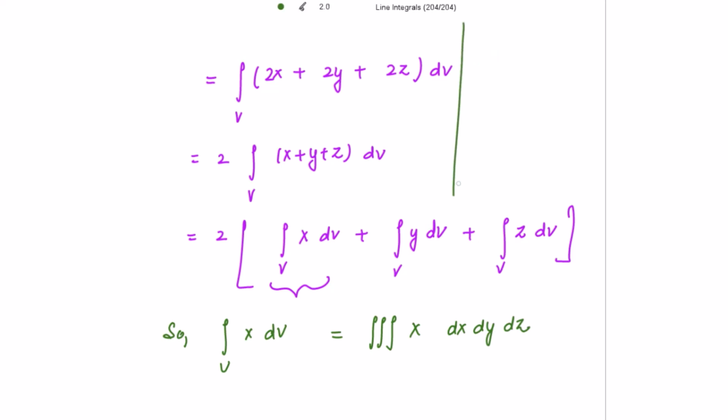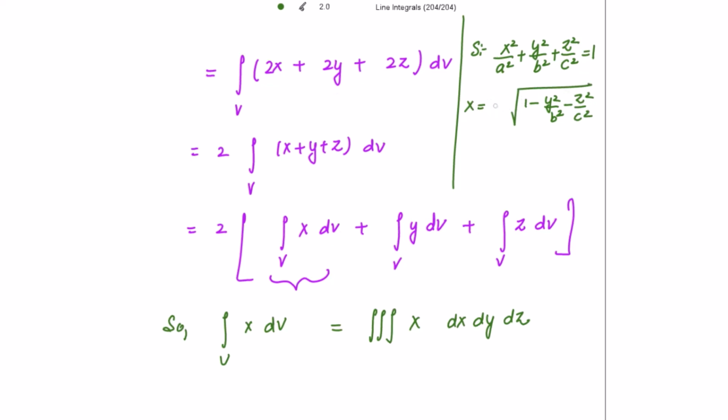Now as the surface given to us is an ellipsoid, that is x square over a square plus y square over b square plus z square over c square equal to 1, we can get the limits of x from here as plus minus the square root of 1 minus y square over b square minus z square over c square.